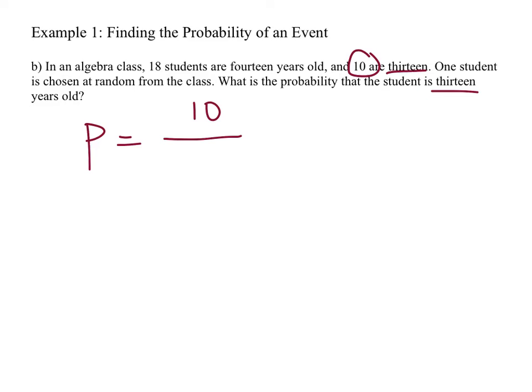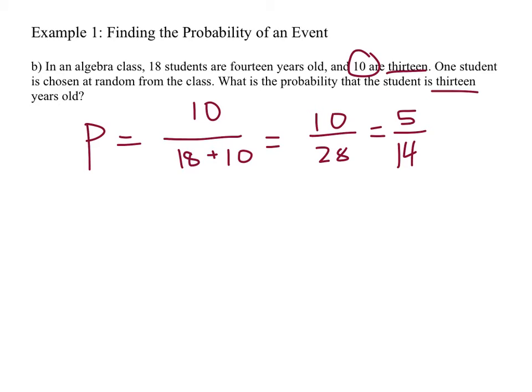And now I want to see how many students there are altogether. What is the number of possible outcomes? There's 28 possible students to choose from, right? So we have 18 plus 10, the total number of students, and then favorable on the top. So we have 10 over 28. Simplifying this, I'm going to divide them both by 2. That's going to be 5 over 14.